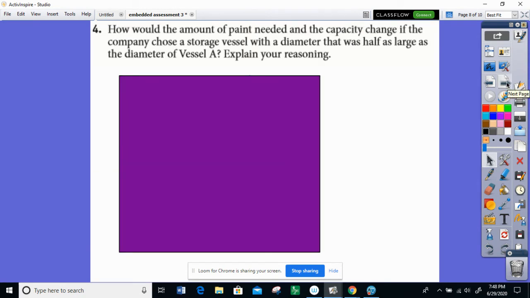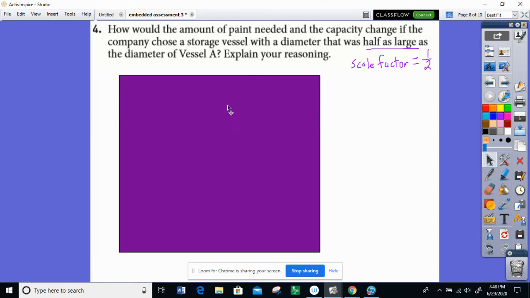All right, just a couple more problems here. How would the amount of paint needed and the capacity change if the company chose a storage vessel with a diameter that was half as large as the diameter of vessel A? Well, if the diameter is half as large, that's telling us that the scale factor used to create that new storage vessel would be 1/2.